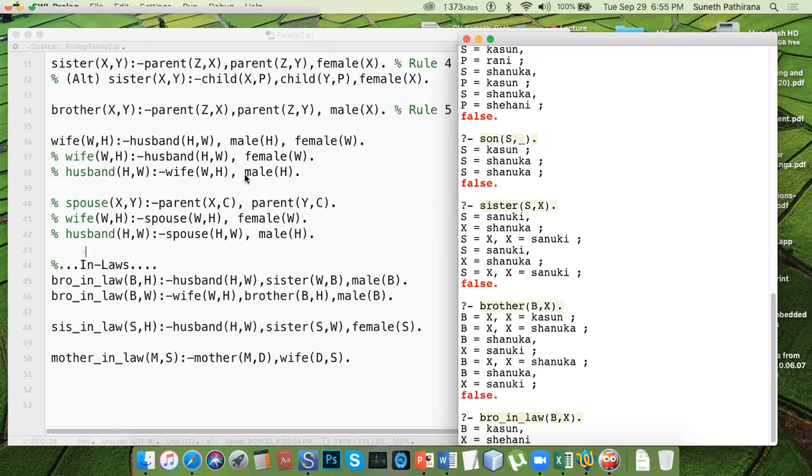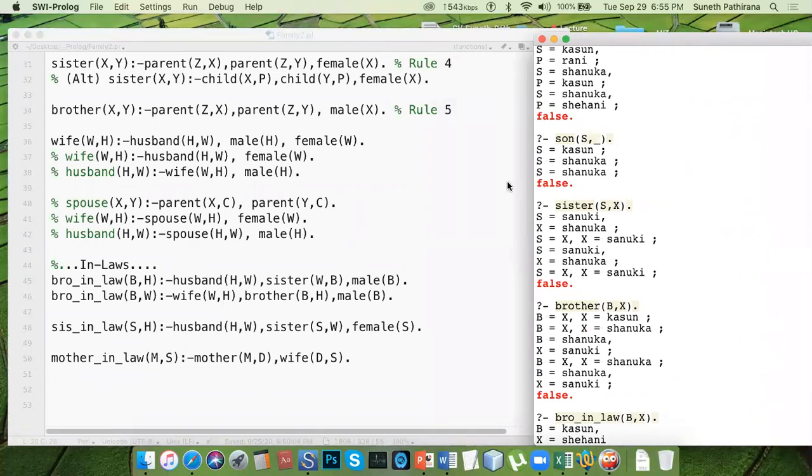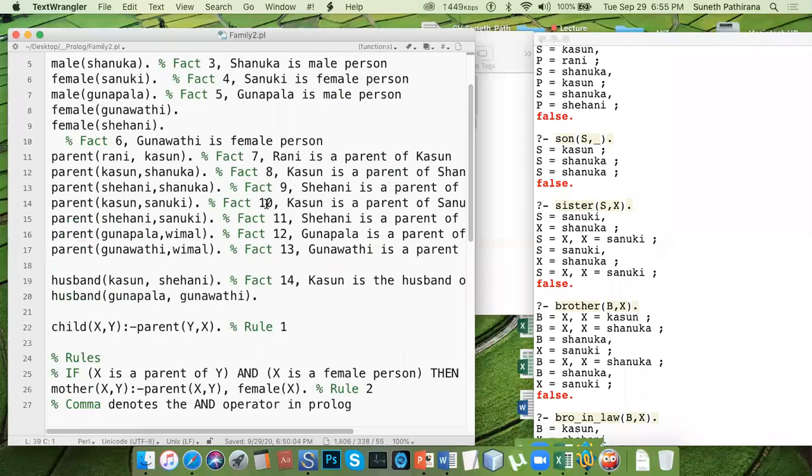We have to check that. Sometimes this gives fancy and unacceptable answers. Hasun is claiming to be Shehani's brother-in-law, that means Shehani's husband's brother, or the other one, Kasun's brother. Let's check it out.